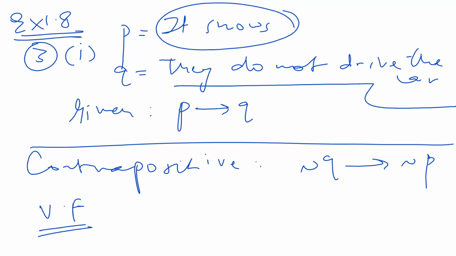They do drive the car if it does not snow. It should start with if because there is implication. If they drive the car, then it does not snow, or doesn't snow, one and the same thing. But it should start with if.